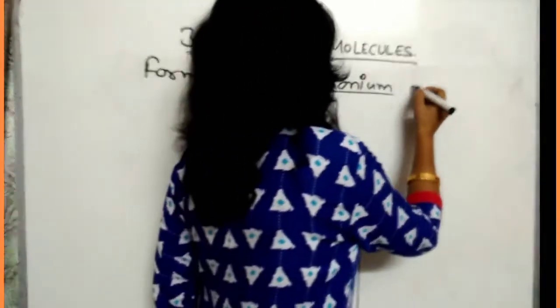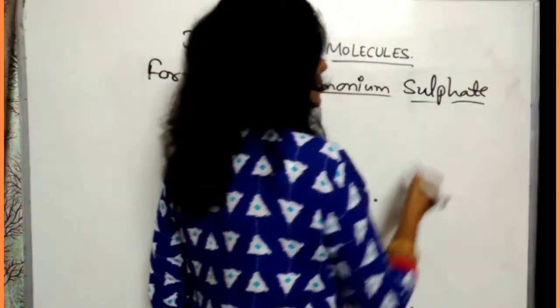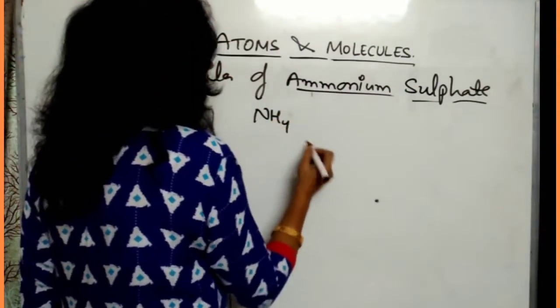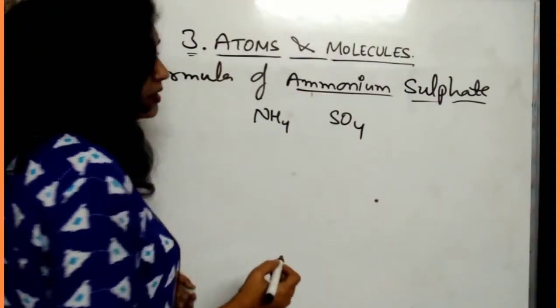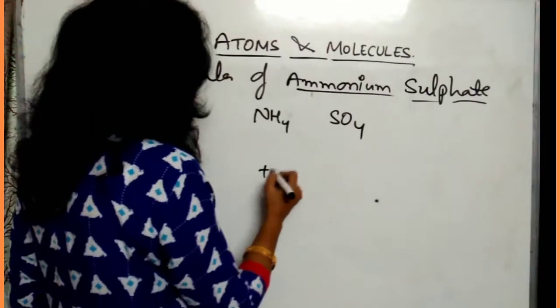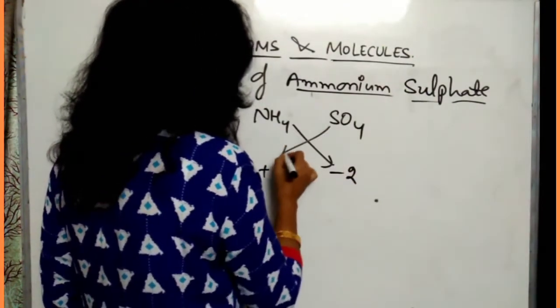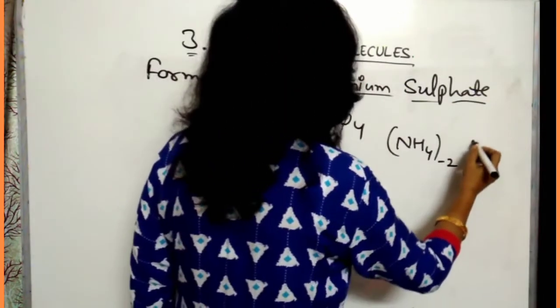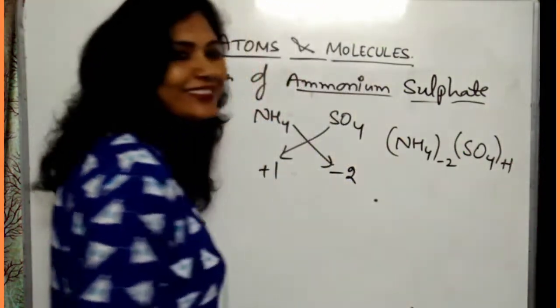Okay, ammonium sulfate, SO4 will write. So ammonium NH4 and sulfate SO4. The ammonium ion has 1 valency, so we'll write 1 valency, and sulfate has -2 valency, you'll write that, and cross the valency, then write (NH4) -2 and (SO4) +1.